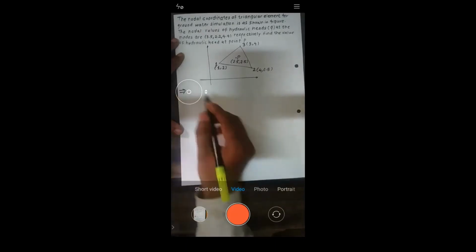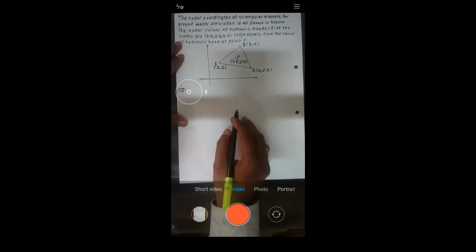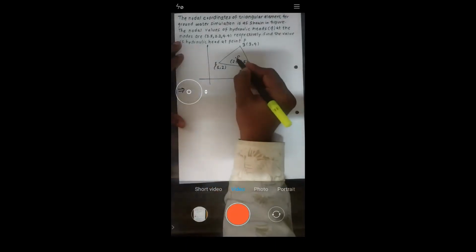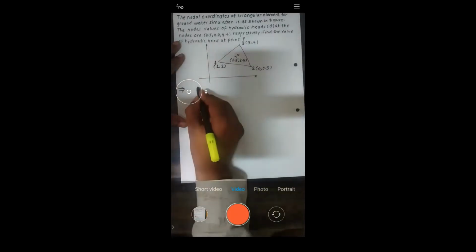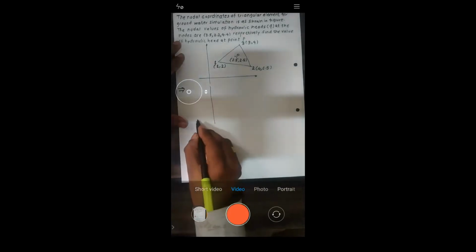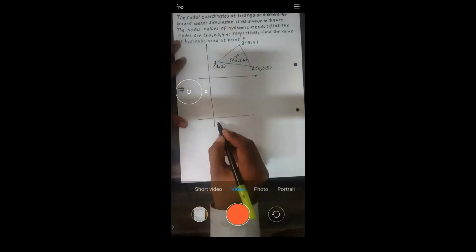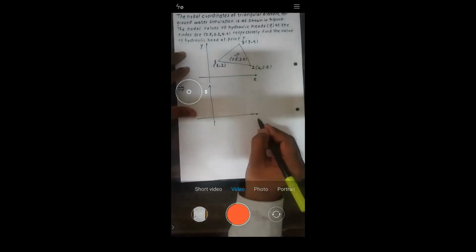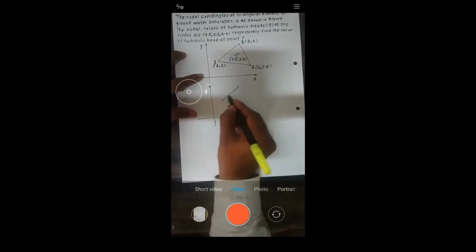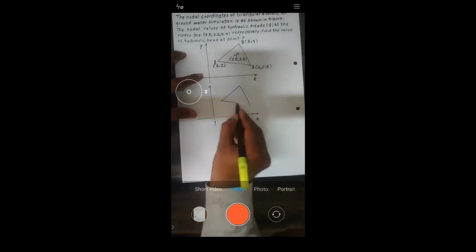As I told you in the last lecture, you're supposed to connect this point P to every node. So that I will do here, because that is the initial requirement to solve the problem. This is the x-axis, this is the y-axis. I'm going to repeat the same diagram.